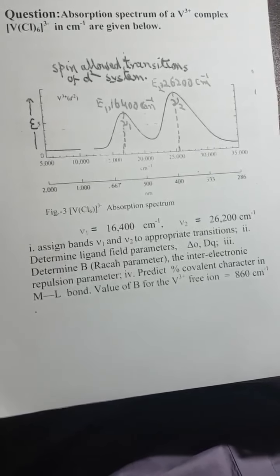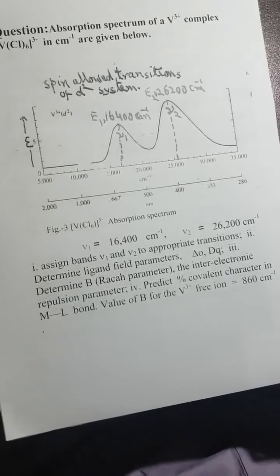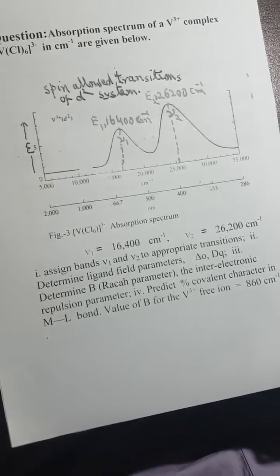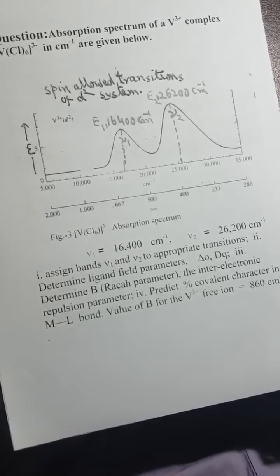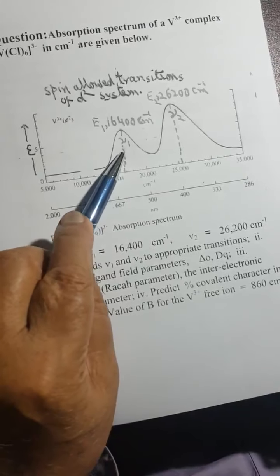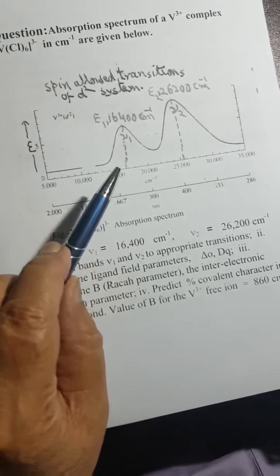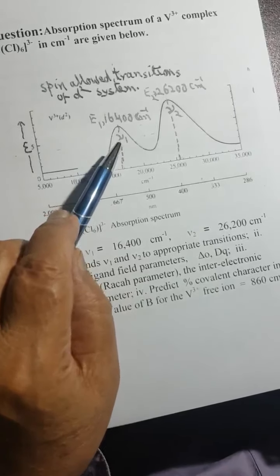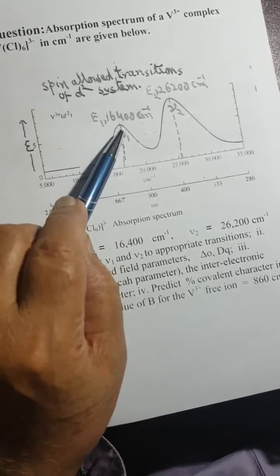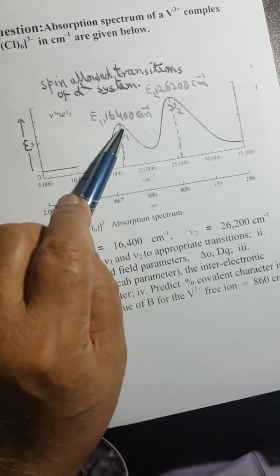And similarly, besides this interpretation, what does this band represent, which transition is responsible for giving this band or peak?